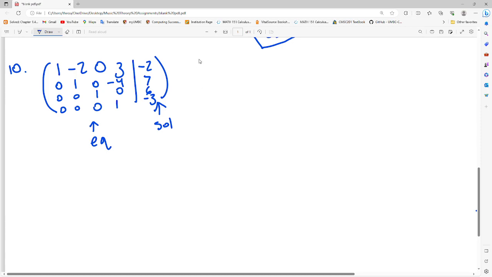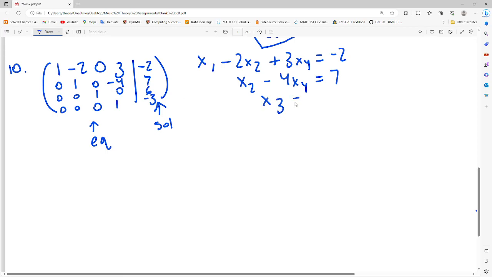So we can rewrite this as x1 minus 2x2 plus 3x4 equals -2. Notice I didn't put any x3 because there's 0 where it should be x3. Our second equation is going to be x2 minus 4x4 is equal to 7. For this third equation, it's going to be x3 is equal to 6.